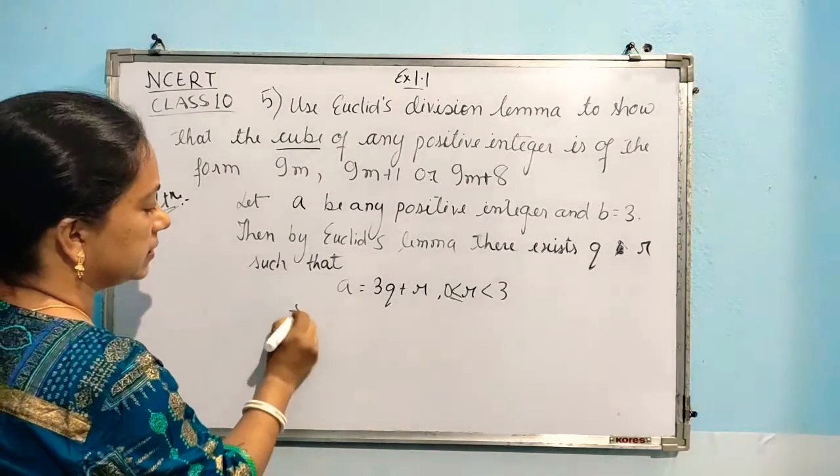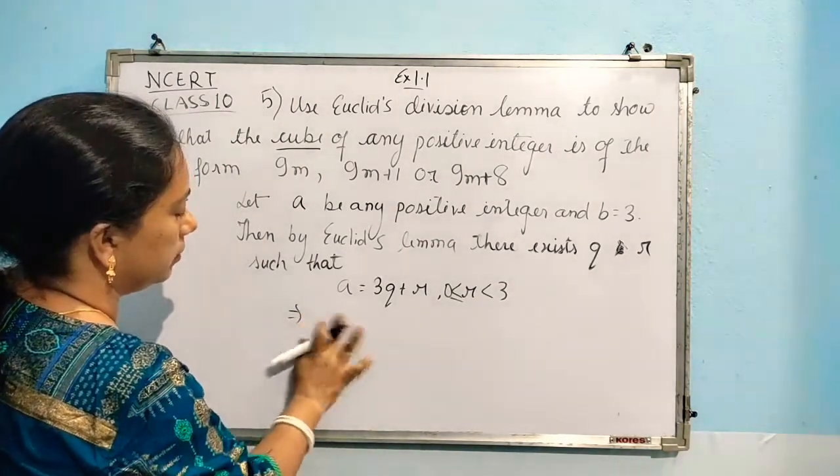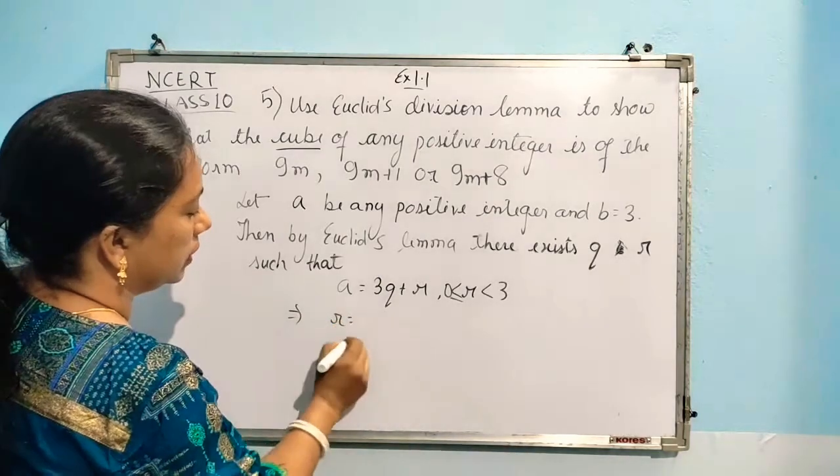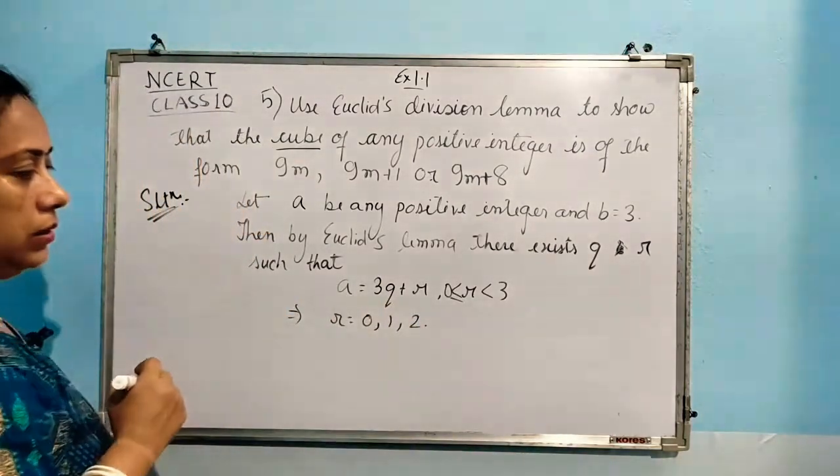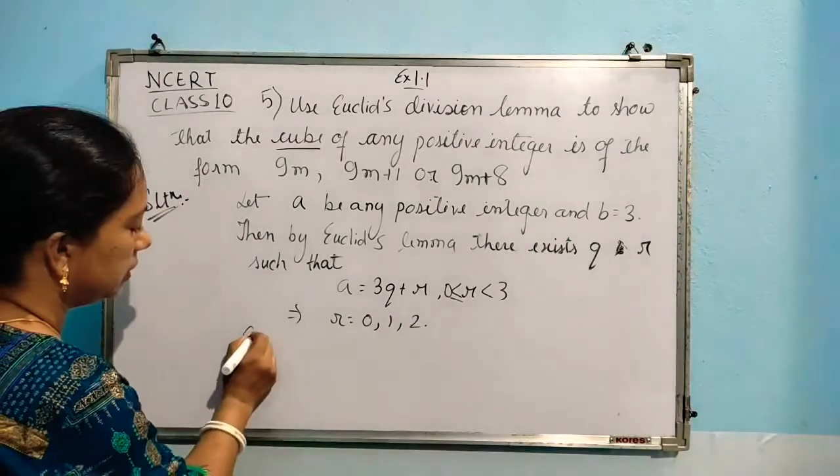It implies that r is going to have 3 values: 0, 1 and 2. Now let's start with 3 different cases.